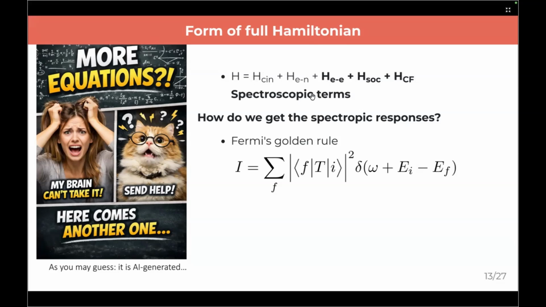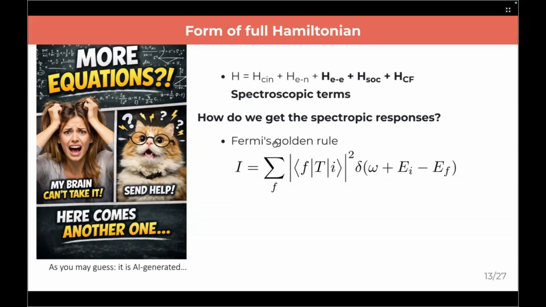The kinetic or electron-nuclei interaction terms we don't care about in the spectroscopic calculation. So we only need to write these 3 parts.